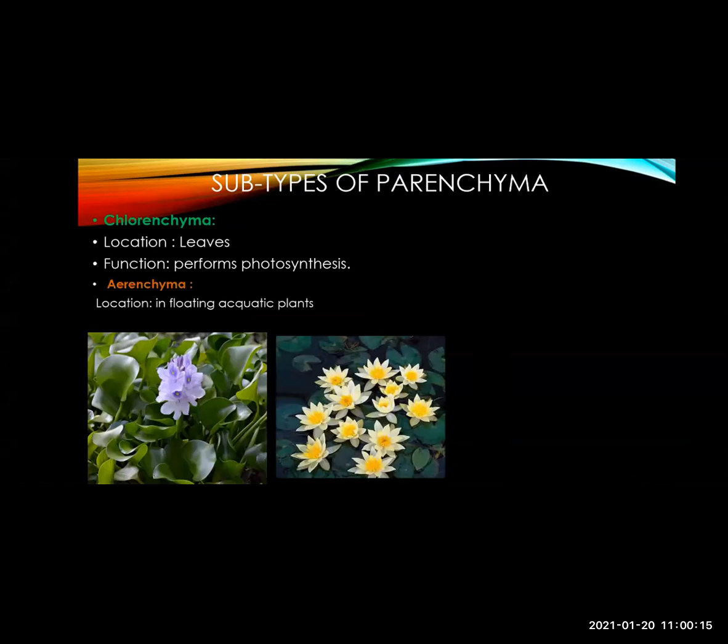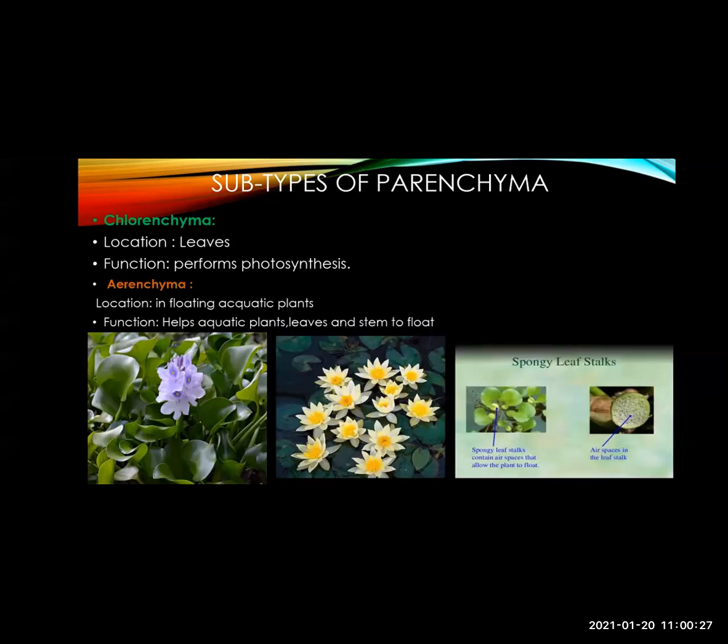That is the aerenchyma tissue. Okay, what is its function? It provides buoyancy. That is, it helps the plants, the leaves or the stem, to float on the water, as you see in this case.